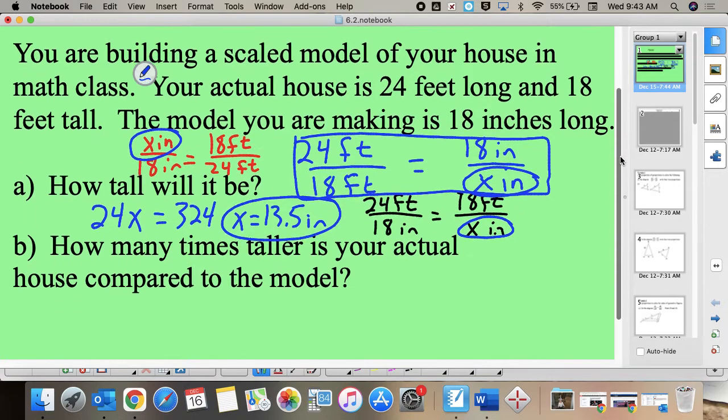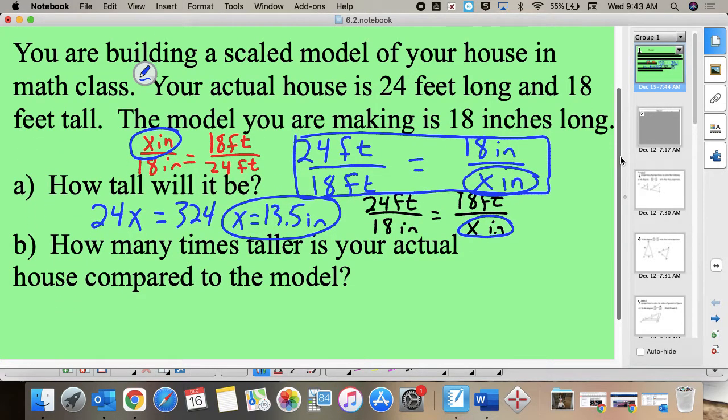Now, for our other one, for part B, it says how many times taller is your actual house compared to the model. Here is where your units will matter because we're just doing a direct comparison. We're looking at a ratio. Our actual house was 18 feet tall compared to the model, which was 13.5 inches.